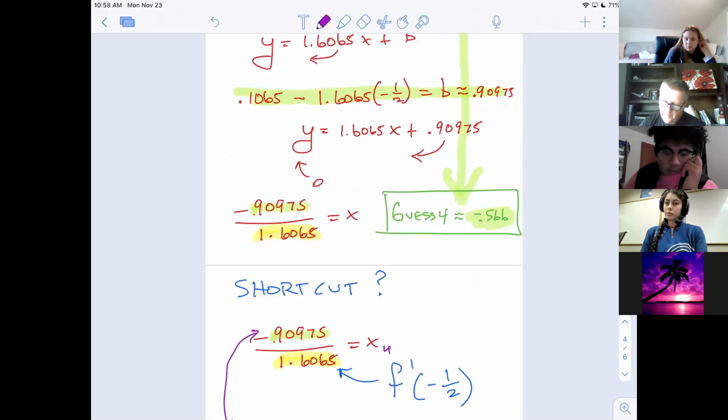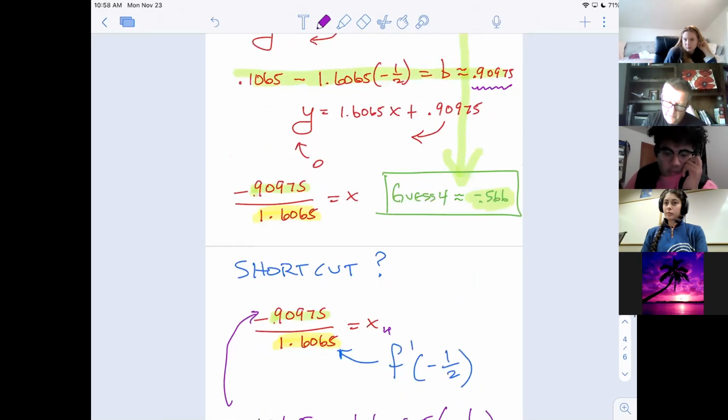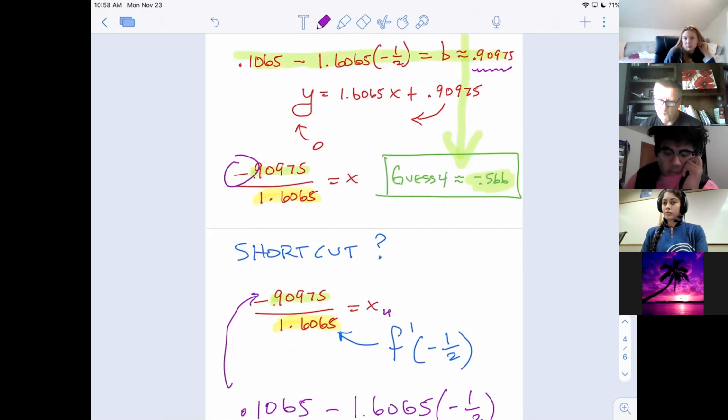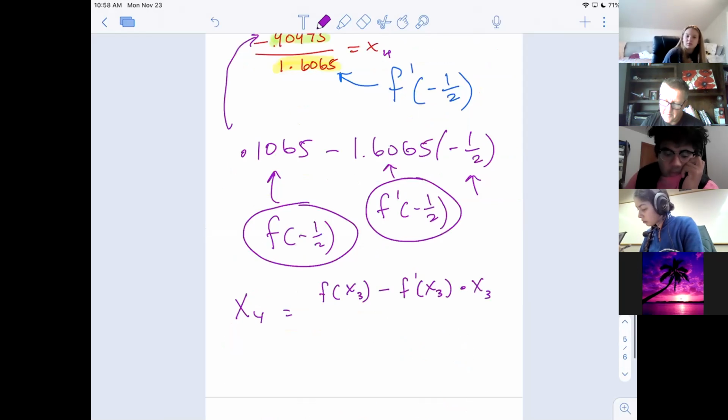Now, that gave us this number, which was positive, but why was it negative down here? Because we had to subtract it over to the other side, if you will, to get that answer. So it ended up changing the sign of it.